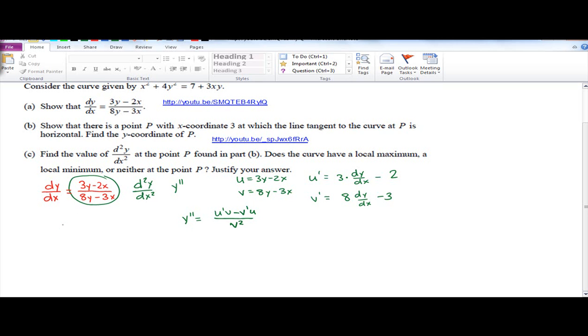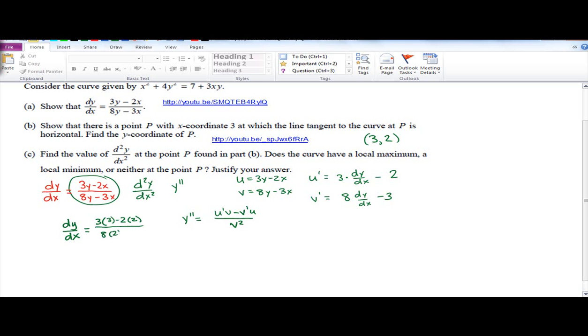So the first thing I'm going to do is recognize that dy dx equals 3 times what y is. And remember, from part B, we had 3 for x and 2 for y. So that means we've got 3 times 3 minus 2 times 2 all over 8 times, oops, I think I've switched these.